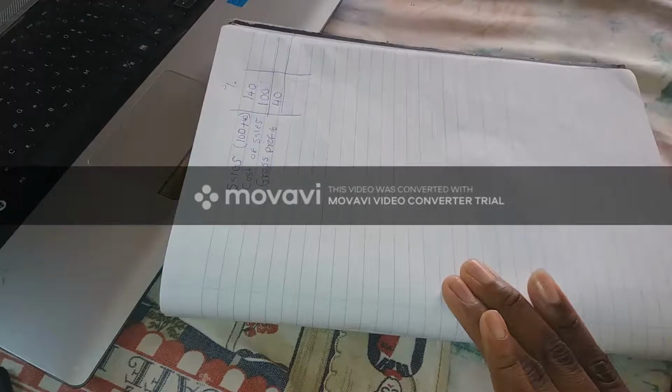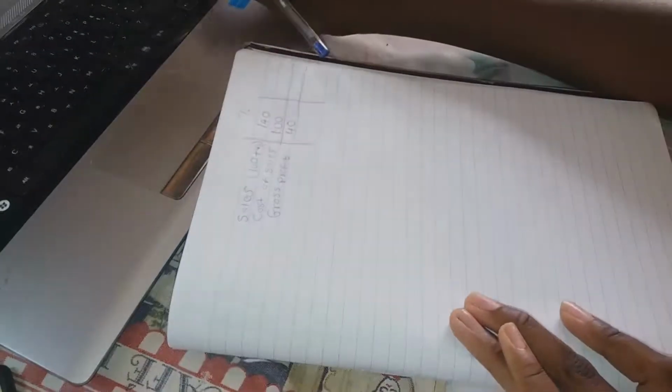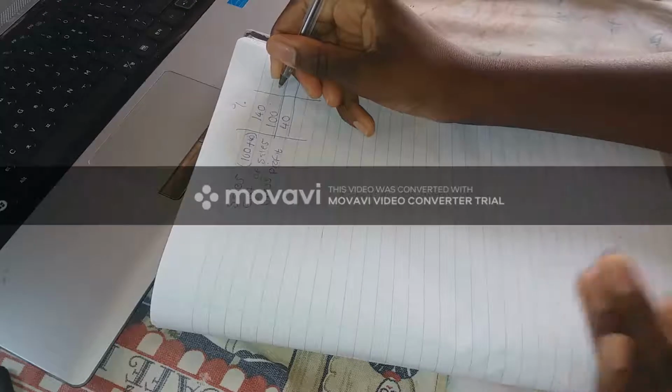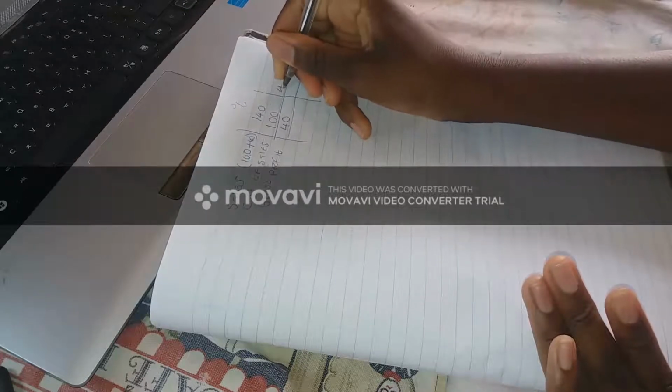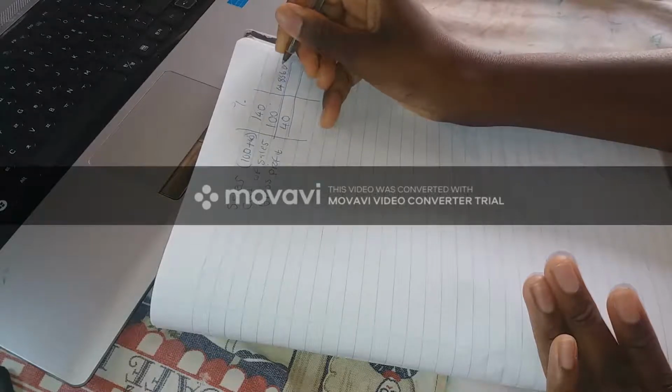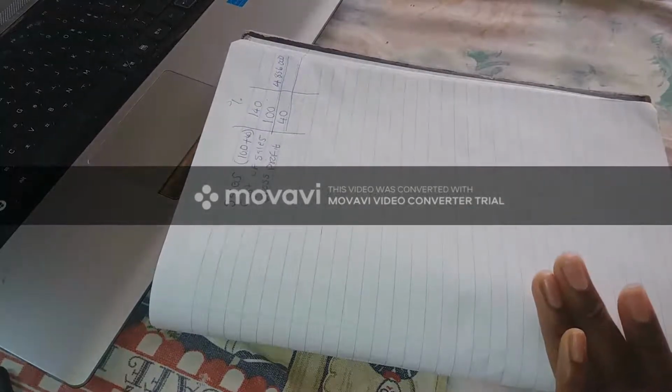I don't know if that makes sense. Now, based on the pre-adjusted trial balance, I have been given the figure for cost of sales, which is 4,856,000, and I write it down here. Now the question is, what is it that I don't have?